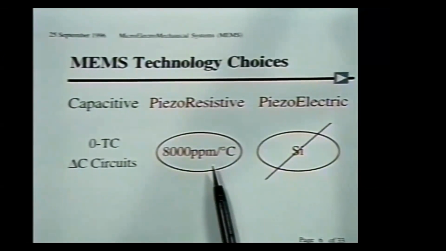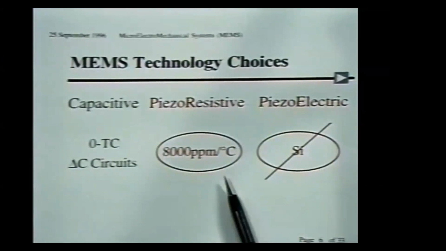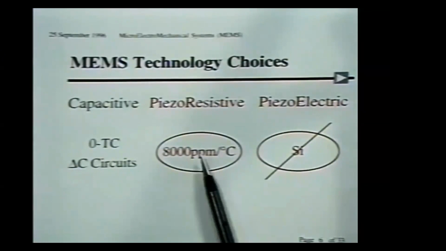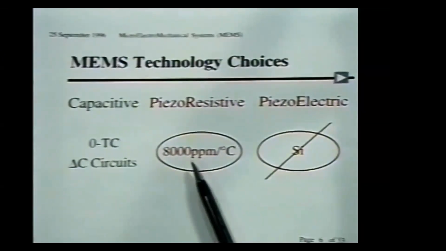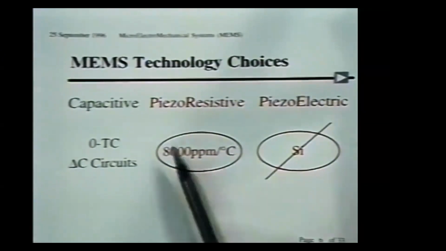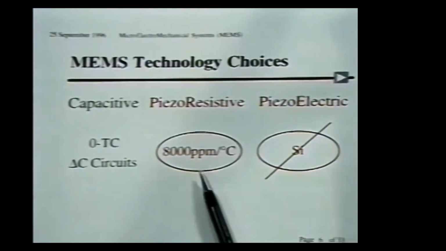The piezoresistive effect in silicon was very well characterized and existed in many devices, but it has a characteristic temperature coefficient of resistors in silicon, which can be as large as 8,000 ppm per degree C. It is something which needs to be compensated for. So you start out with a transduction mechanism which at the very beginning requires you to do some additional circuitry to compensate it.